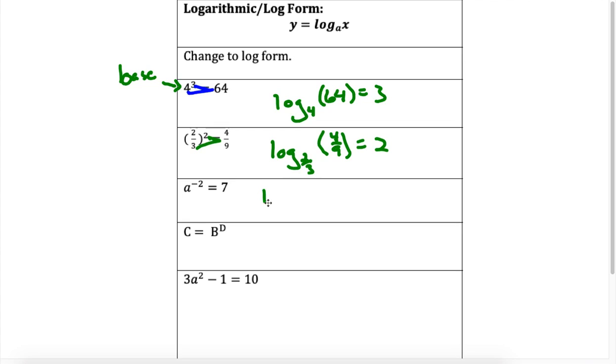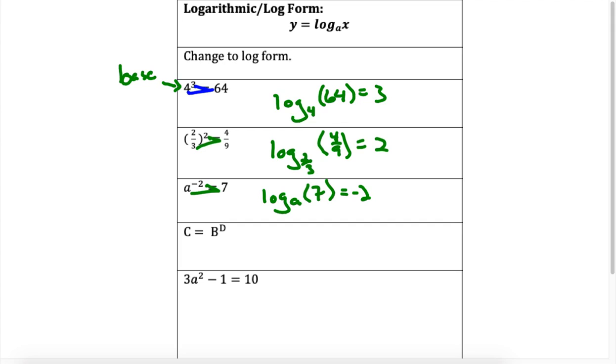So now we can say log base a, bases are bases, of 7 equals -2. For this one, log base c, I'm sorry, that is not correct. The base of this exponential is b.